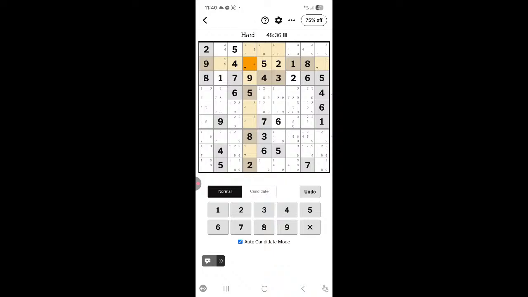Then if you put those in those positions, then that makes things do things.